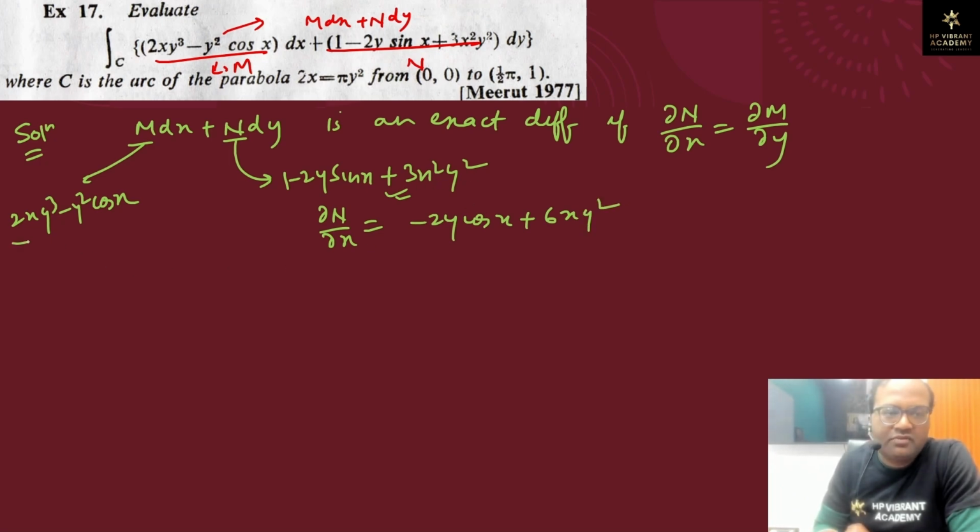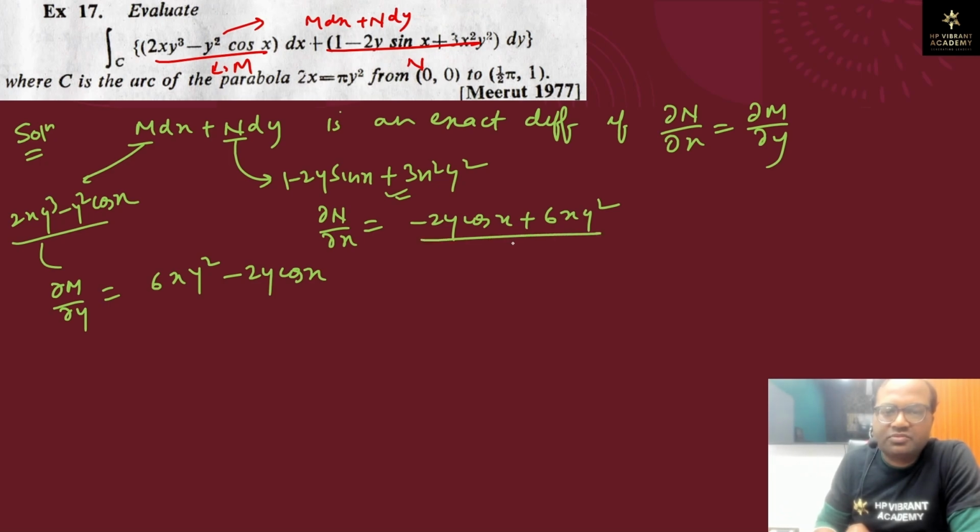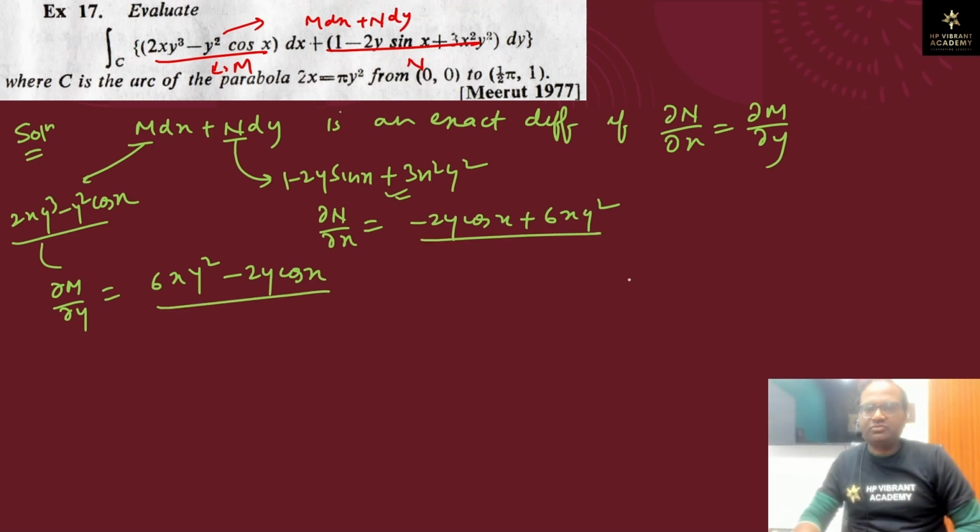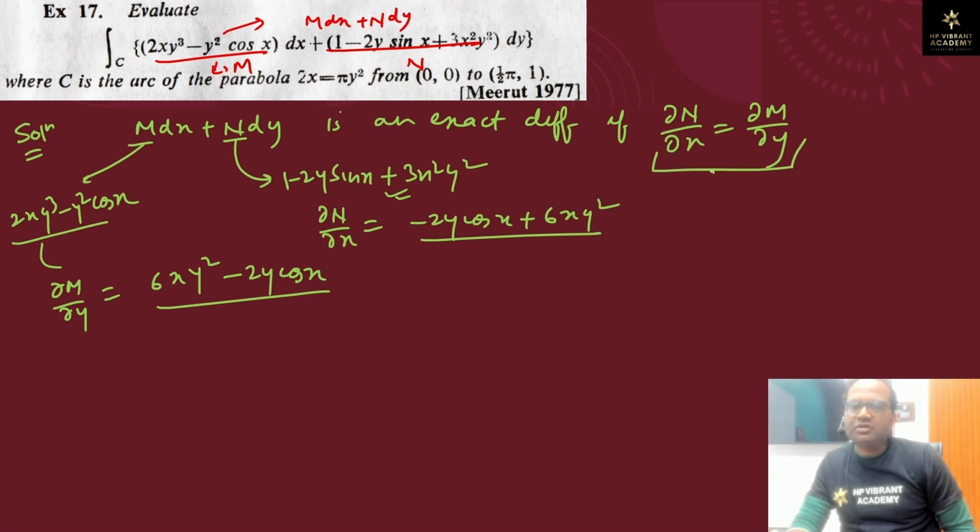And from here del M upon del y is equal to 6x y square minus 2y cos x. So this expression is equal to this expression. So we have del N upon del x is equal to del M upon del y. Hence we can say that M dx plus N dy is an exact differential.